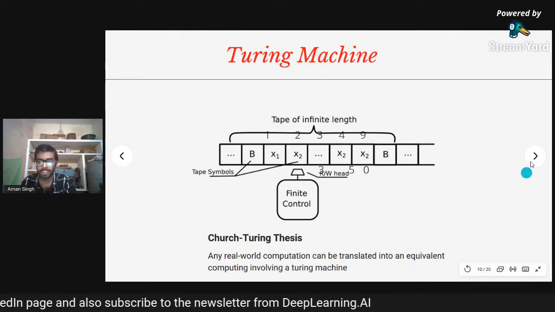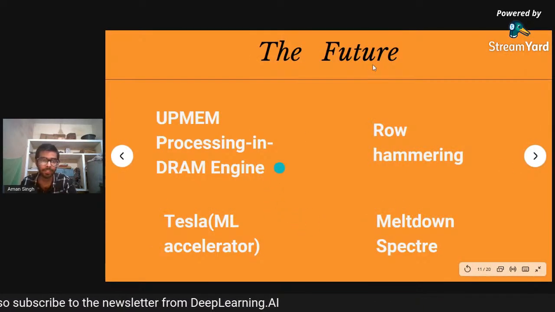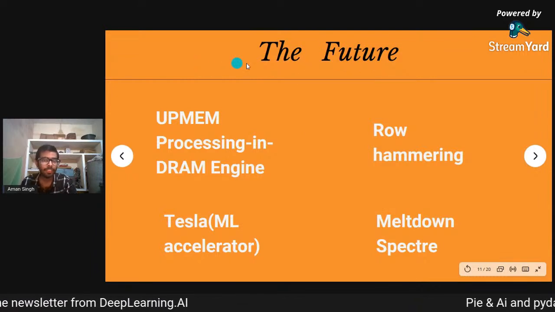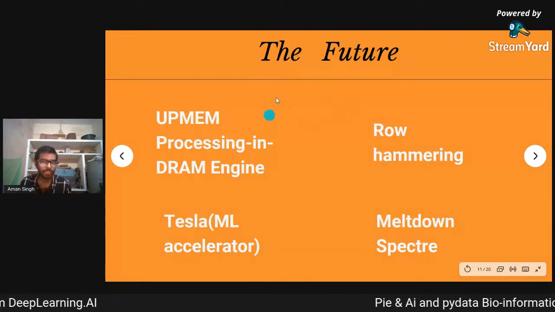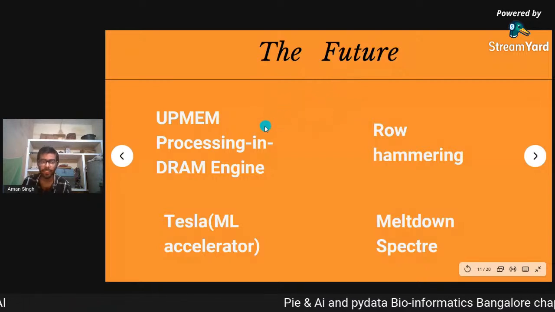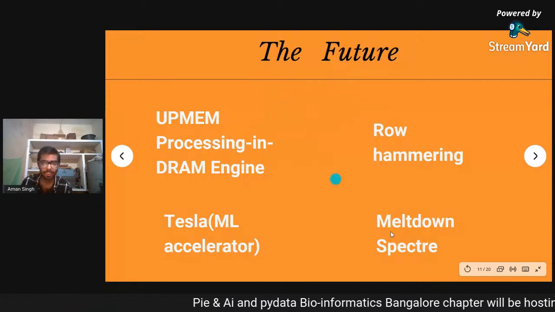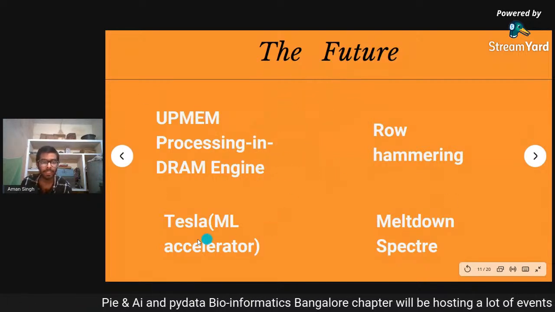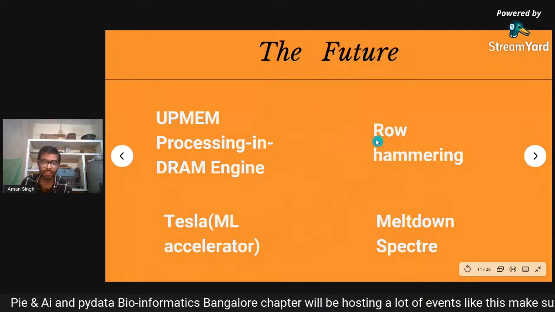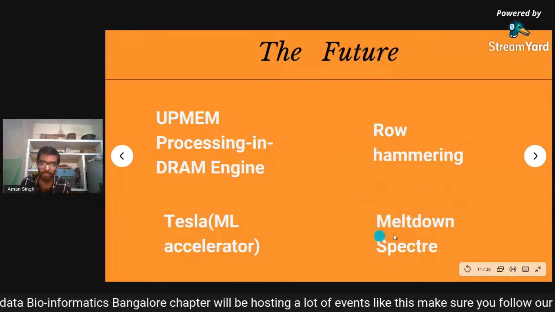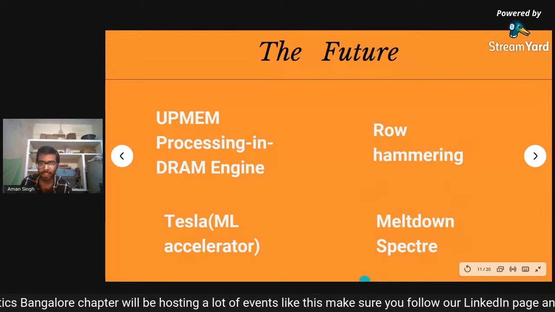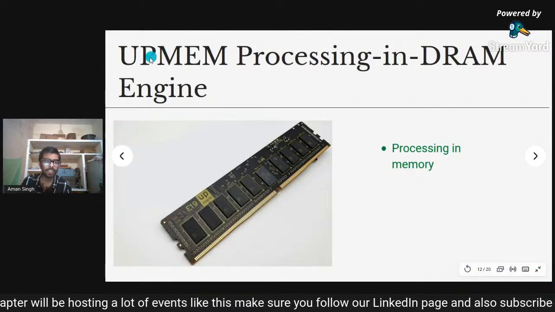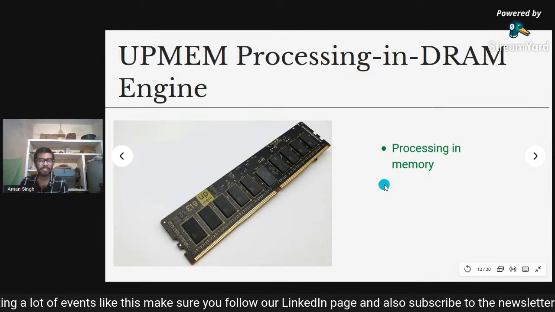It is always right, but a counterexample has not been found. Then we'll see what future computer architecture holds in today's society. We'll discuss UPM, then Tesla, and later the Rowhammer problem, Meltdown, Spectre, and UPM processing in RAM.